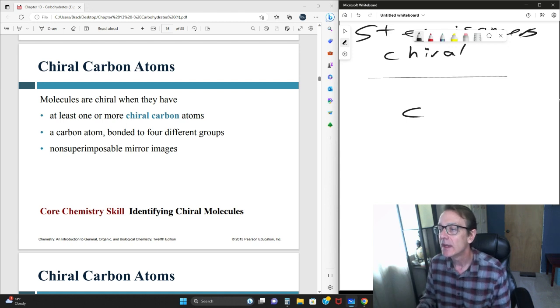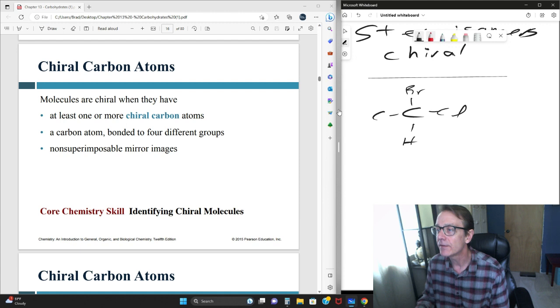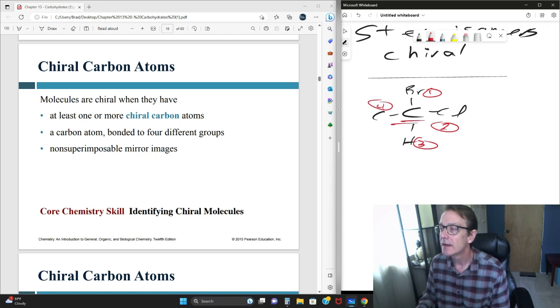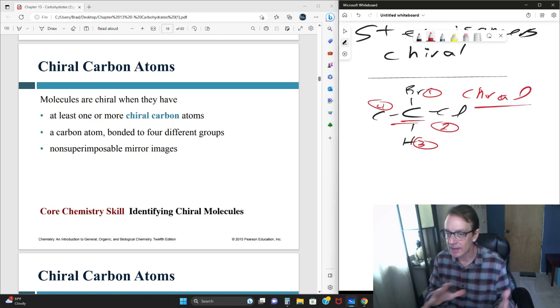So for instance, if we had carbon bonded to bromine, chlorine, hydrogen, and another carbon, that's 4 different things for each of those bonds. That creates a chiral center right here and a subsequent chiral molecule, okay, that has handedness, okay?